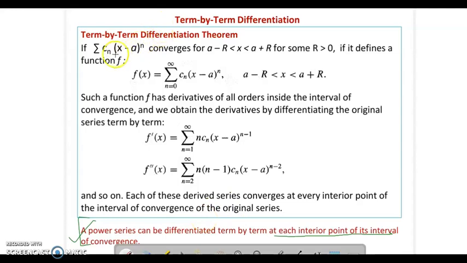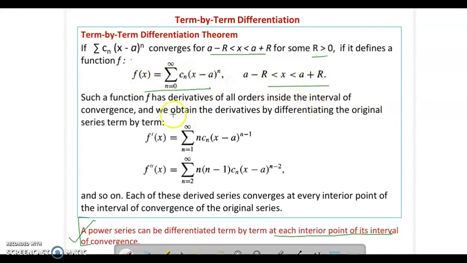See here, if the summation of Cn times (x minus a) to the power n converges for a minus R less than x less than a plus R, so basically this is the interval of convergence, for some R greater than 0, and it defines the function f(x) equal to this series, right? So we are saying that this infinite power series is equal to this function for these values of x.